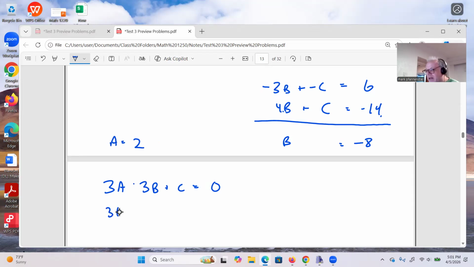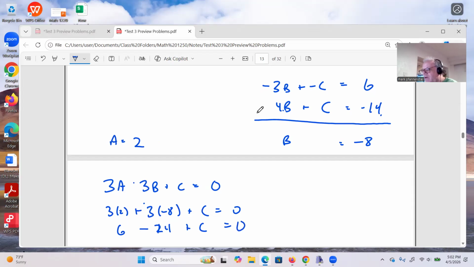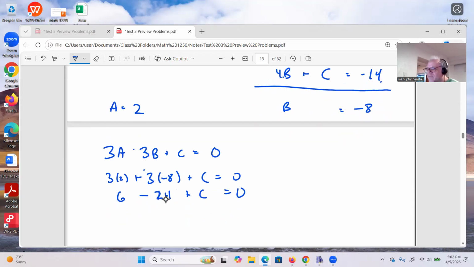So we have 3 times 2 plus 3 times -8 plus C is equal to 0. So we have 6 minus 24, so we have -18 plus C is equal to 0. C is going to be 18.